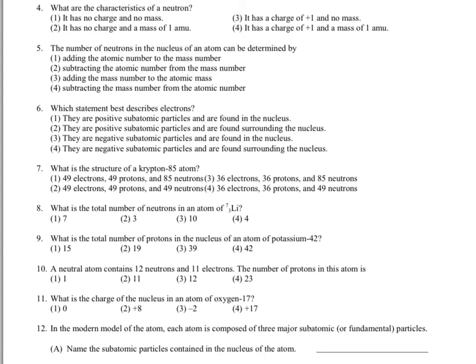A neutron has a neutral charge, a mass of 1, and is located in the nucleus, while an electron has a negative charge, a negligible mass, and is located outside of the nucleus. So here we're asked again for the neutron. So the neutron has a neutral charge and it has a mass of 1.